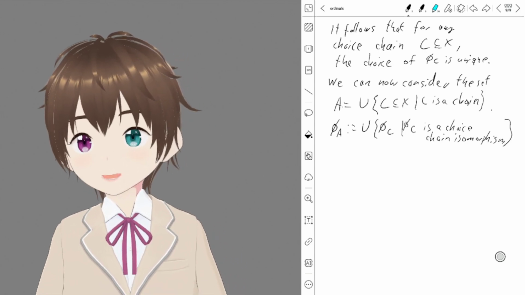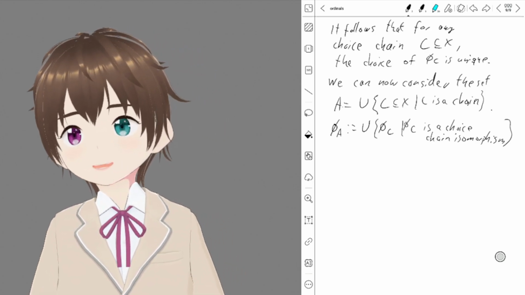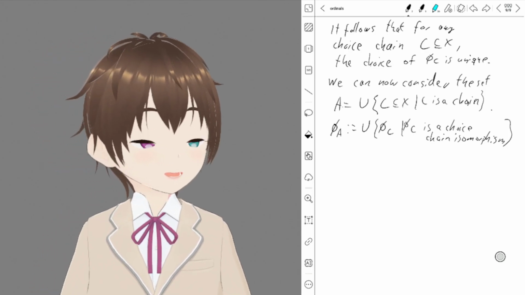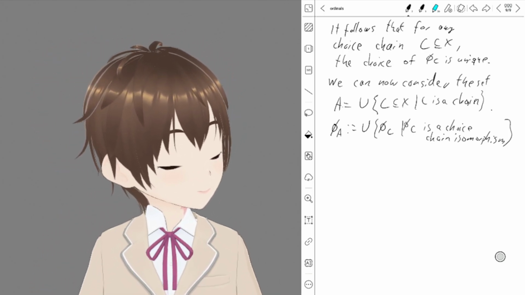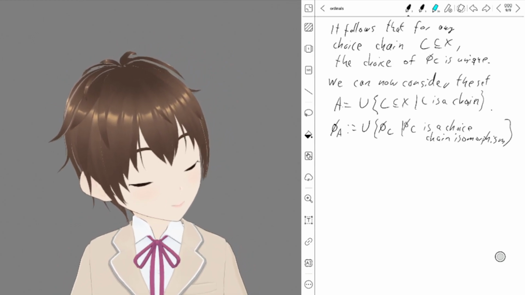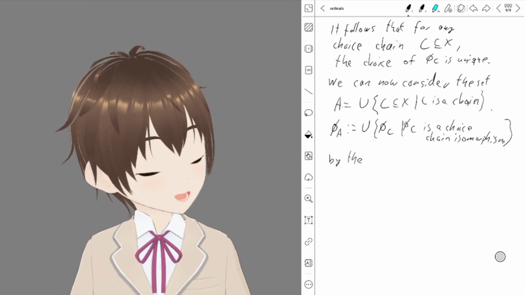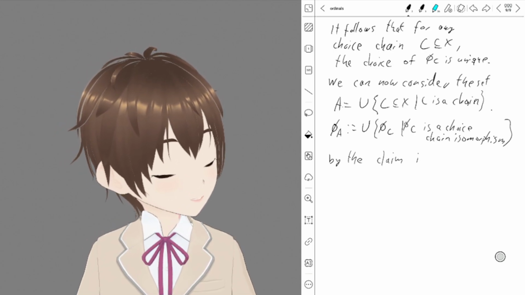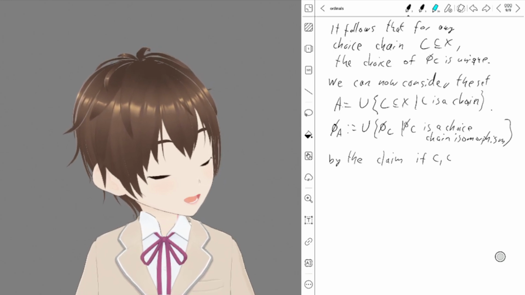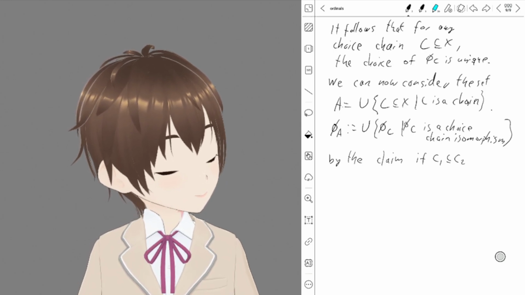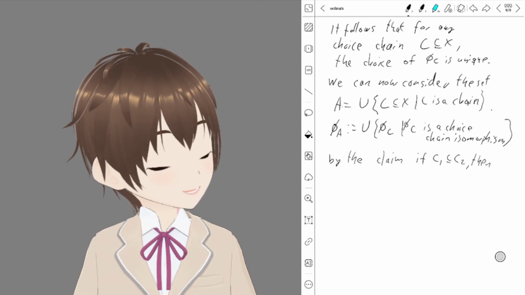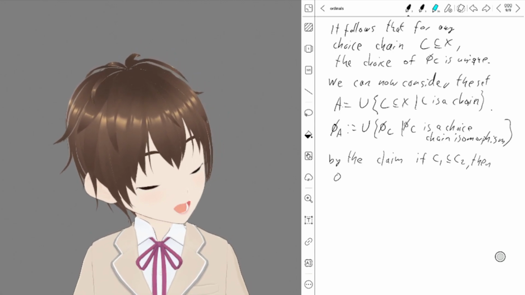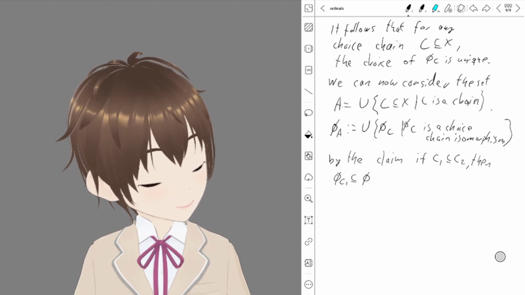And this union here is actually a function, because if I have any two of these functions which have the same point in the domain, they have to do the same thing by the previous theorem. Okay, so by the claim, if C1 is a subset of C2, then I know that phi C1 is a subset of phi C2.